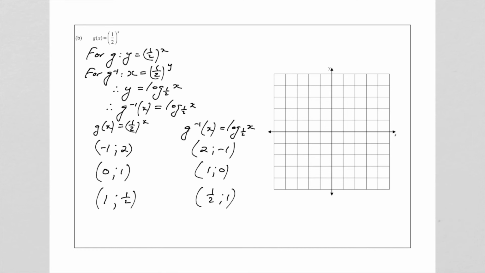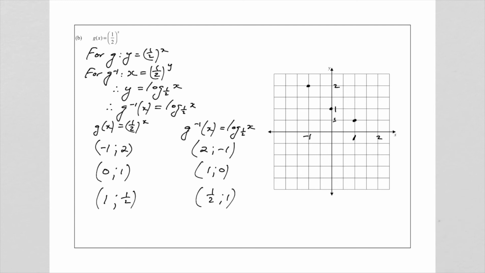If x is equal to -1, so let's put the -1 there, then y will be 2. So the y will be 2, -1 and 2. If x is 0, y will be 1. And if x is 1, y will be a half.